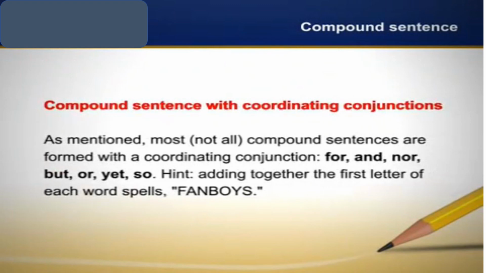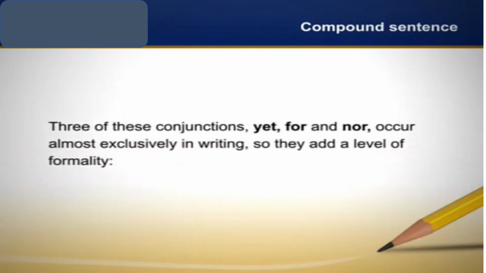Compound sentences with coordinating conjunctions. As mentioned, most, not all, compound sentences are formed with a coordinating conjunction: for, and, nor, but, or, yet, so. Hint: adding together the first letter of each word spells FANBOYS. Three of these conjunctions, yet, for, and nor, occur almost exclusively in writing, so they add a level of formality.